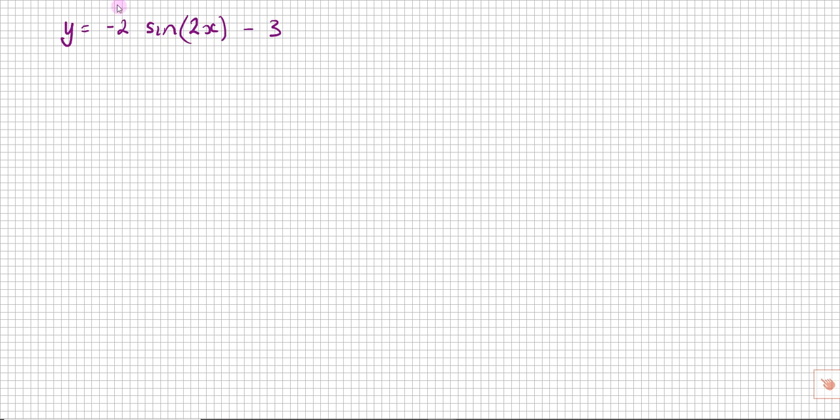Right, the important aspects then are, the amplitude is 2. The negative makes it do what? Reflect in the x-axis. So, okay, 2 things we already know. This 2 means what? The period is now small, close together.